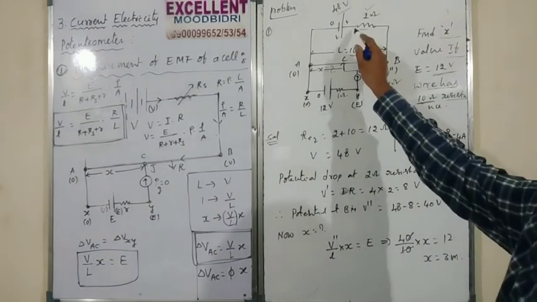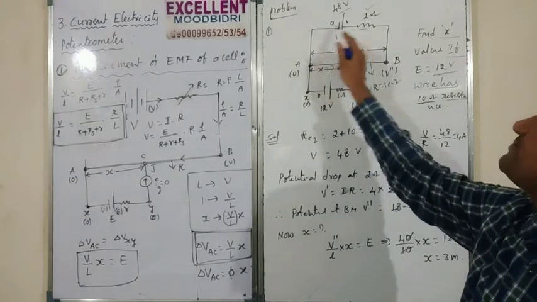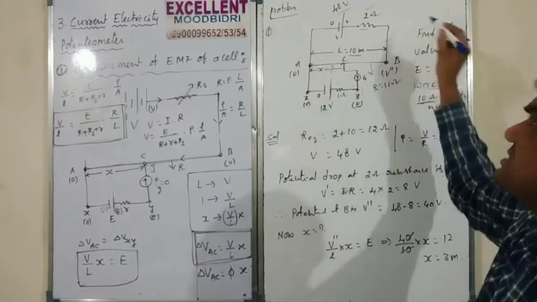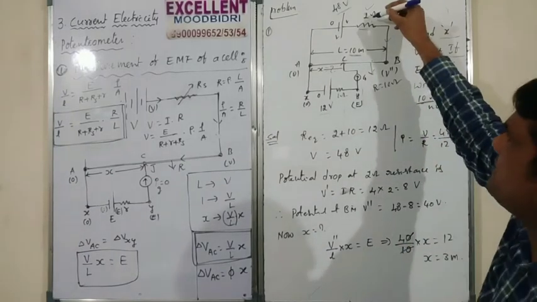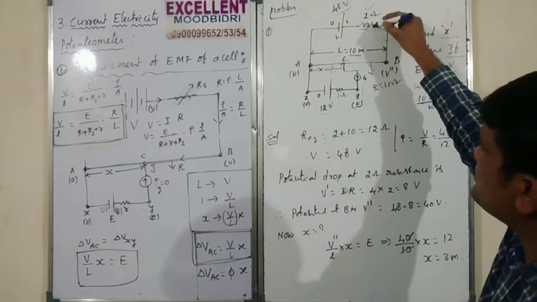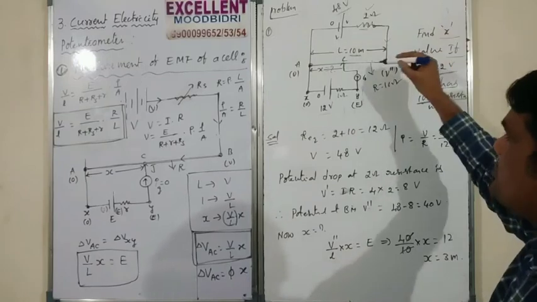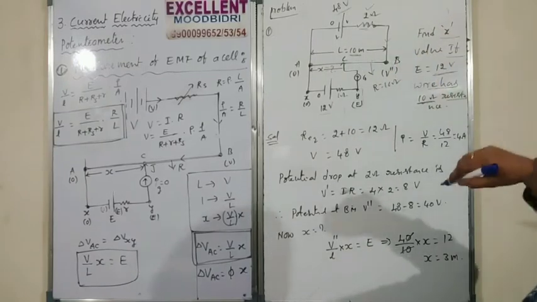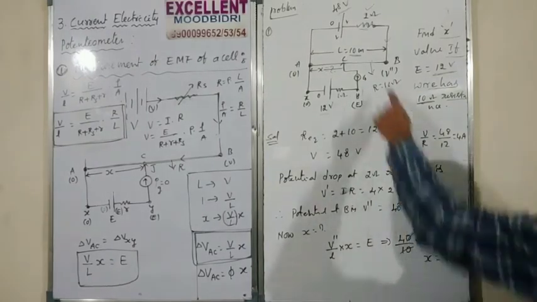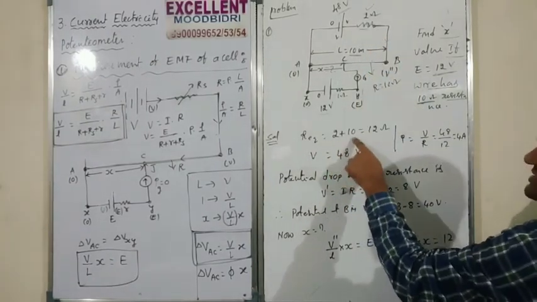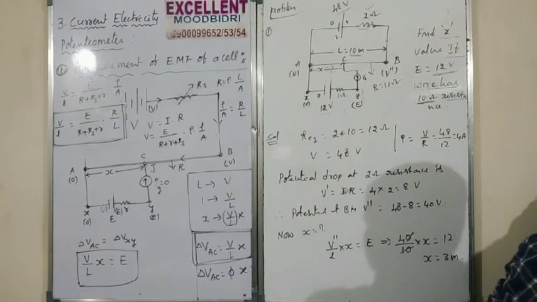Therefore, we want to consider total resistance. This one is a metal strip. That metal strip also has some resistance. So here one resistor will be there. That resistor is equal to 2 ohms. This wire is equal to 10 ohms. Therefore, R equivalent is equal to 2 plus 10, which is 12.